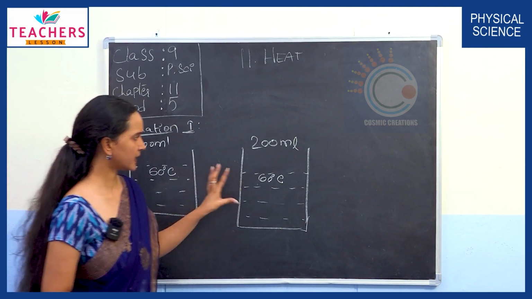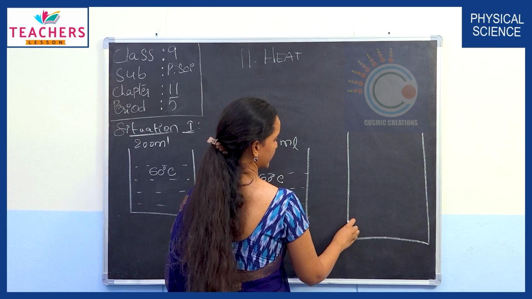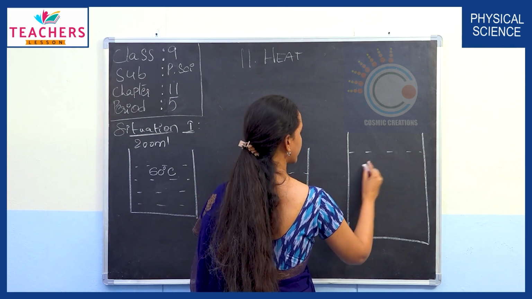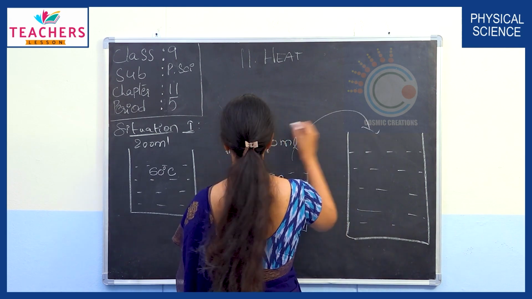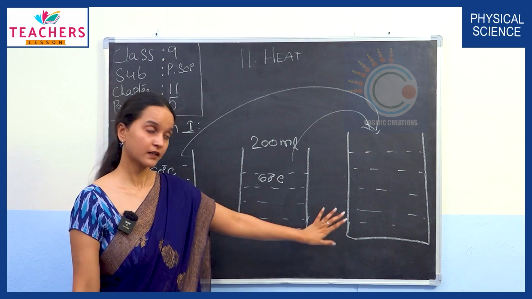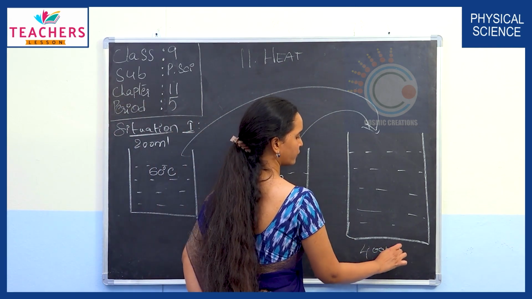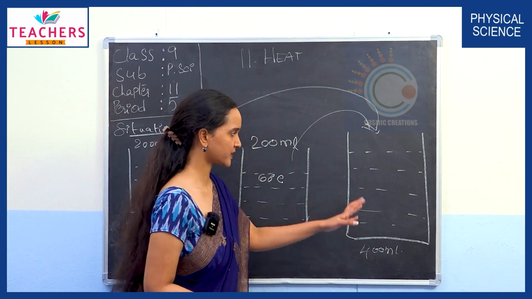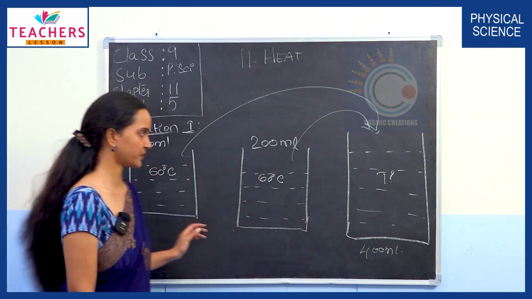We mix them together and pour the entire mixture in a bigger beaker. So we pour this sample 1 and sample 2 in a bigger beaker. Now my question is, so we know that this would be 400 ml of water. So the question is, what is the temperature of this mixture?